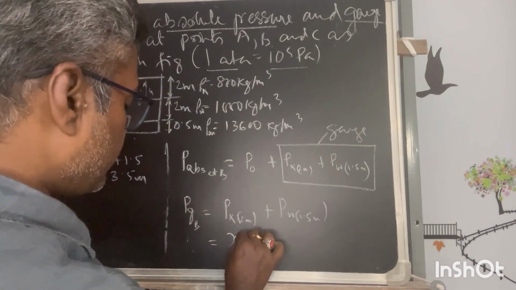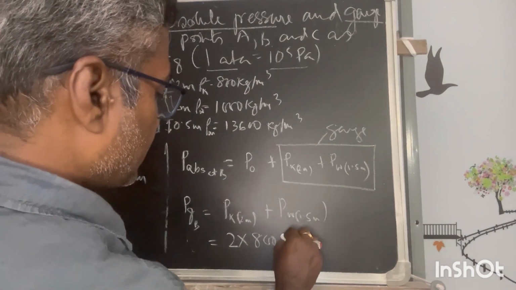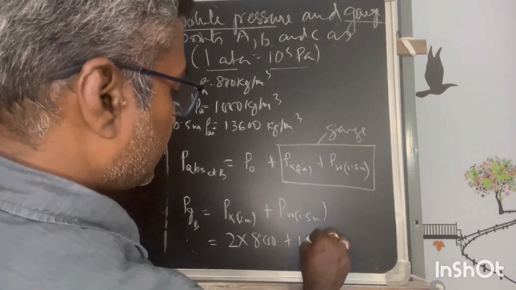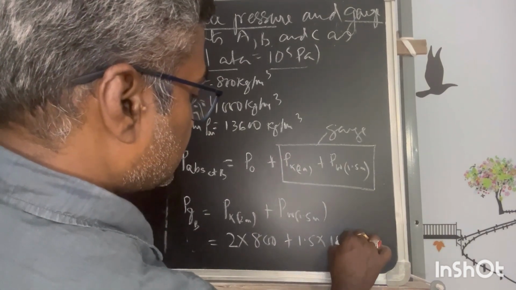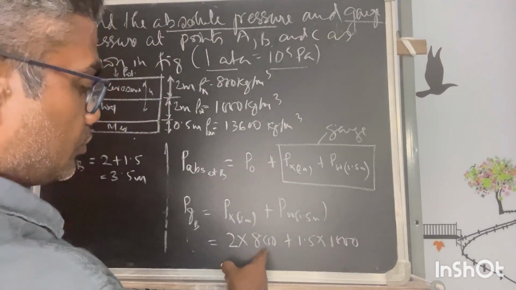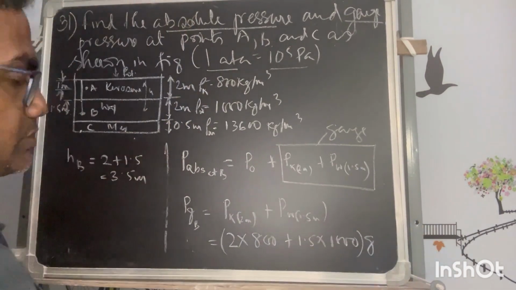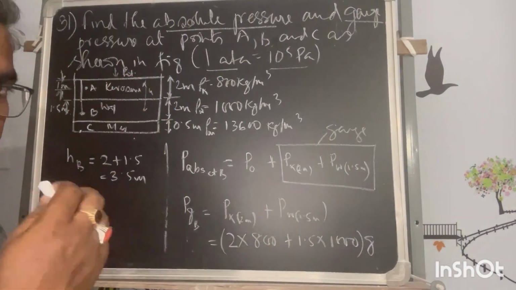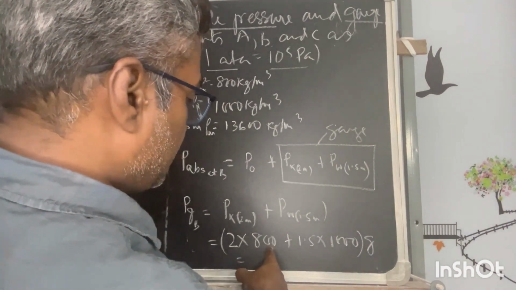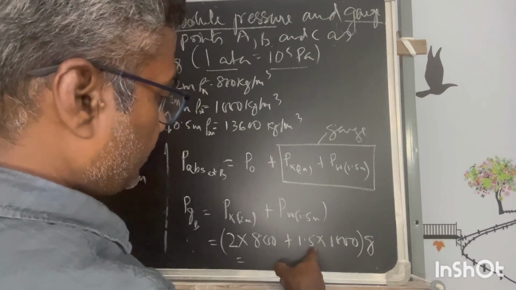So this is 2 into rho. Rho of kerosene is 800 plus water means how much? 1.5, and rho is equal to 1000. Okay, this is the pressure, H rho, and for whole thing G will be common because G is applicable to anything in the same manner. So this is 2 into 800, 1.6 into 1000, plus 1.5 into 1000.